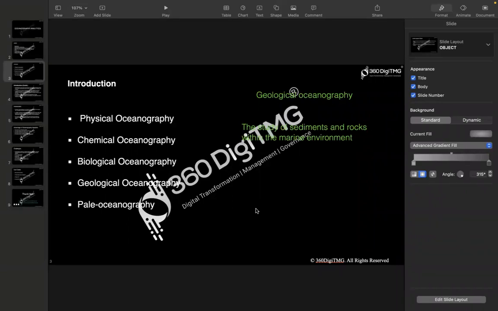And we have the examination of the various ocean features such as rise and ridge.